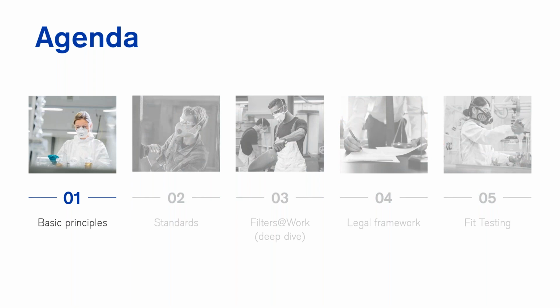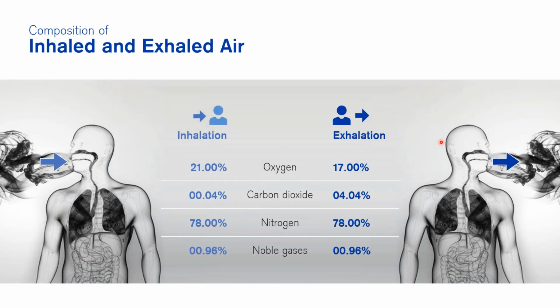So basic principles itself. It's a very general rule that for every breath you take in inhalation, you will take in around 4% of oxygen. That's going to be used up and transferred to energy, and we're going to breathe out carbon dioxide in exhalation. While taking in the air itself, there will be a lot of chances that you'll be breathing in other contaminants in the air other than the inert gases that we show over here.